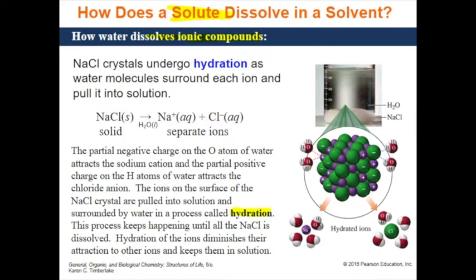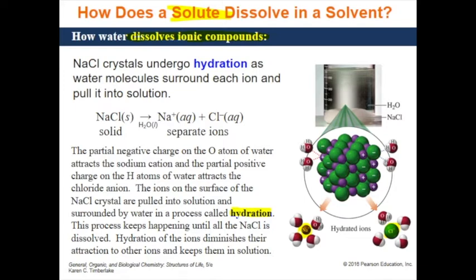So this process where ionic compounds dissolve in water is called hydration, where each ion, for instance in NaCl, Na plus and Cl minus, interacts with water and is surrounded by water.